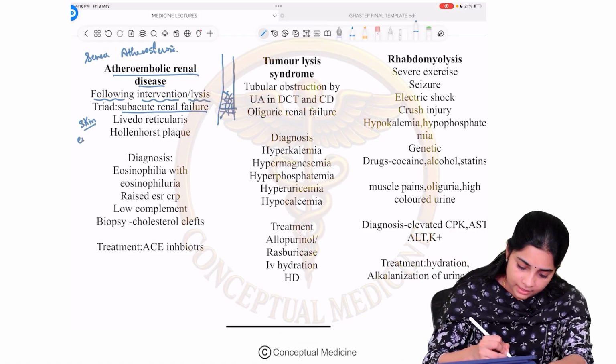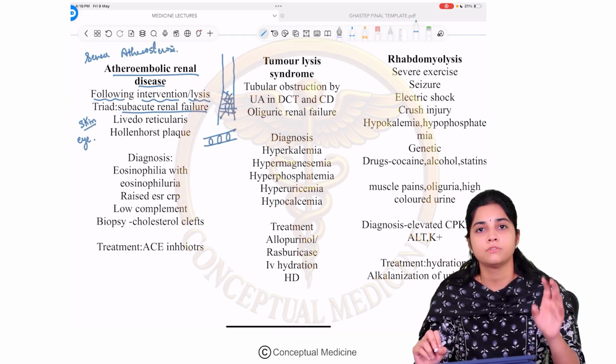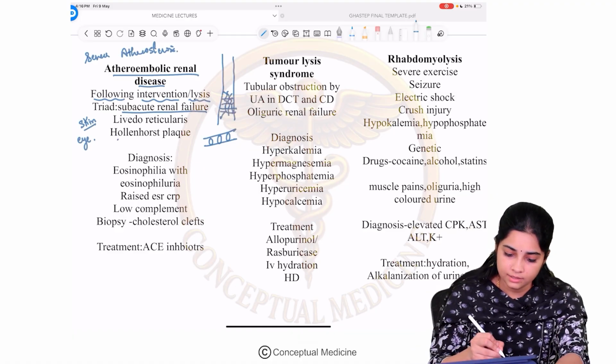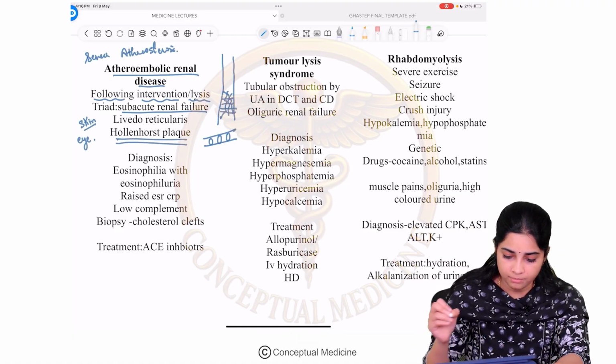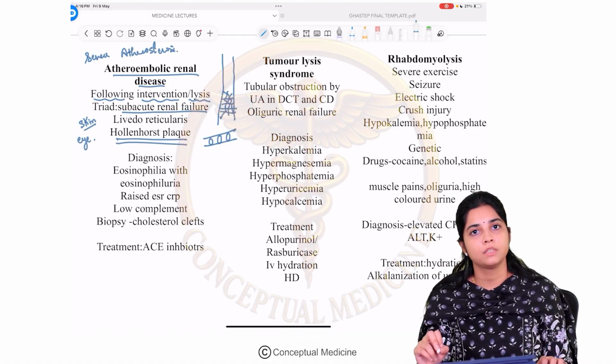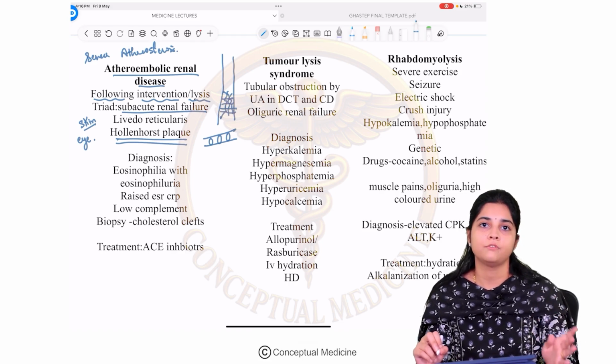And then in the retina, you can find these plaques, because the atheroemboli lodge in the retina as well, and this is what we call the Hollenhorst plaque, right? So the triad of subacute renal failure with livedo reticularis and the presence of Hollenhorst plaque is the characteristic feature of atheroembolic disease.